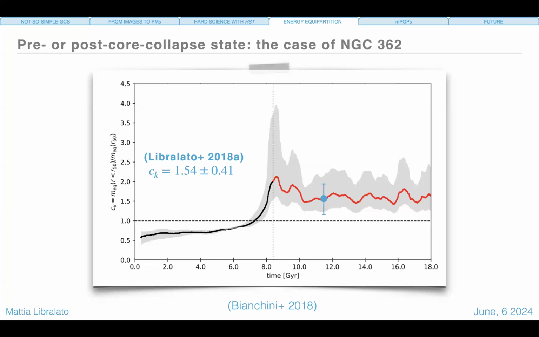So according to this age and its kinematic properties, we infer that it is in a post-core collapse phase of its life. We already knew this from the surface brightness profile, but this is the first time it has been done using kinematics. It is a very useful tool to try to infer this kind of status of clusters, which should overcome some of the limitations that you have when you use surface brightness profiles and so on.